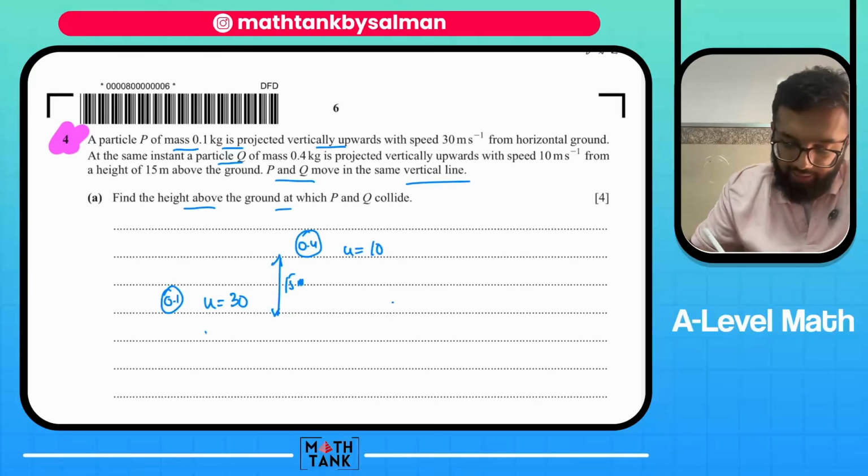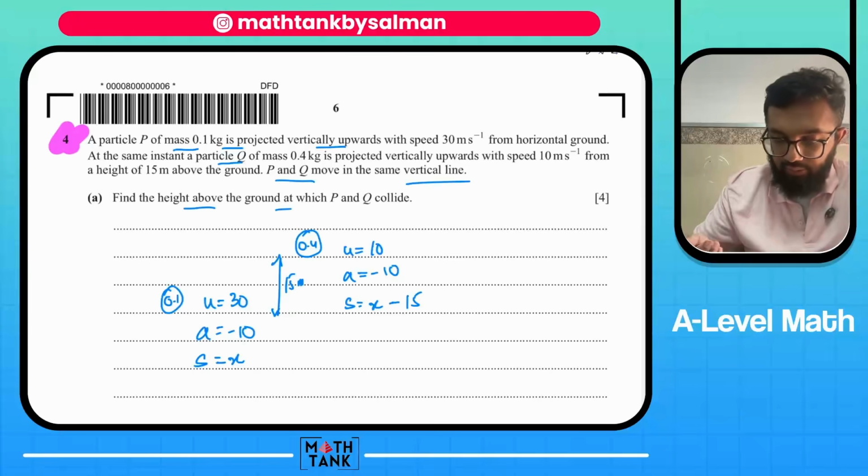Okay, so acceleration has to be minus 10. This will cover a distance of x, and this will cover a distance of x minus 15, basically. Because if they want to collide, they have to be at the same height, right? Or I can say this is plus 15 and that's going to be easier.